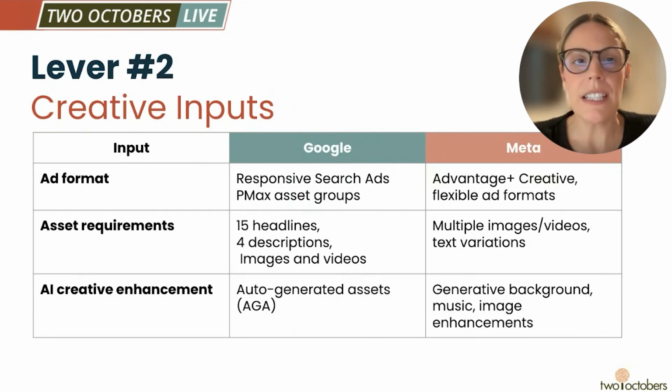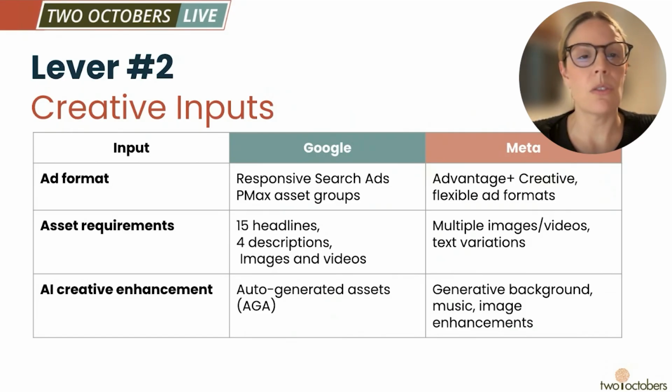The next one is creative inputs. This lever is one that gives us a little bit more flexibility and a little bit more control as to how we want the brand to be seen, or the message that we want to deliver to users. And both Google and Meta have their own versions of this.